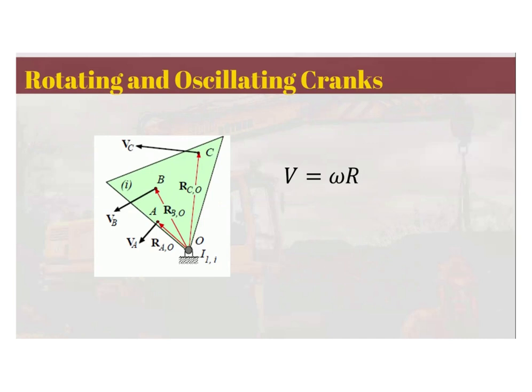As you can see in the drawing, we have the radius of A, the radius of B, and the radius of C with respect to O. These are different, so you can expect different values of velocities for C, B, and A. In terms of proportionality, since the angular velocity is the same, you can rearrange the equation and have another relationship, such that the ratio of the velocities to their radii is constant, and that is equal to omega.